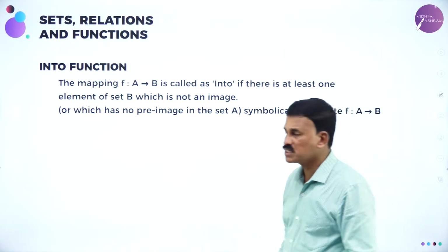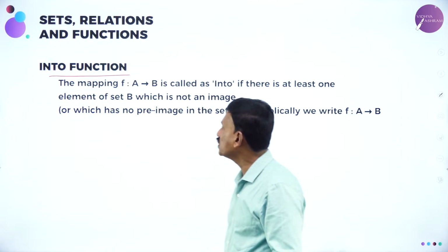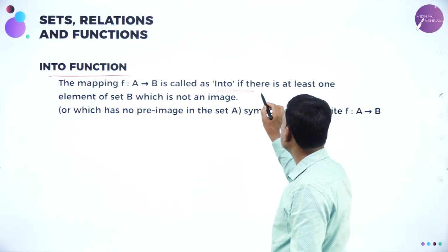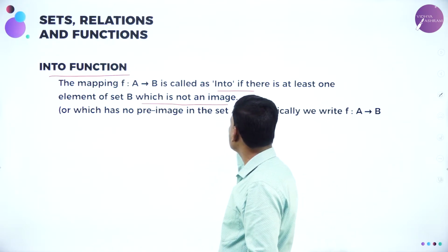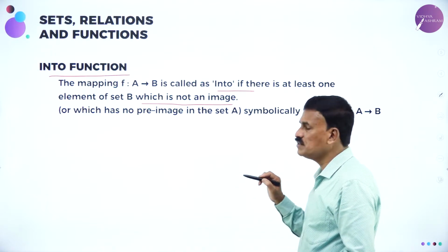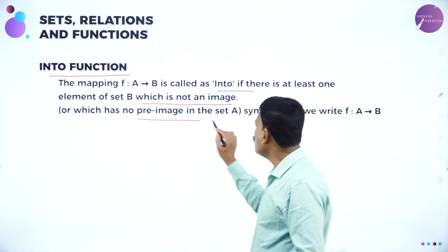Different types of functions. The first one is the into function. The mapping f from A to B is called an into function if there is at least one element of the set B which is not an image, or which has no pre-image.